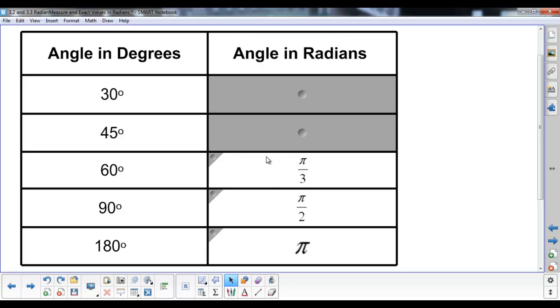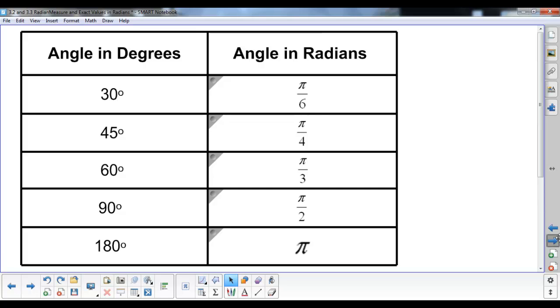So 60 is pi by 3. From 180 to 45, we divided by 4, so we end up with pi by 4. And from 180 to 30, we divided by 6, so the equivalent angle in radians would be pi by 6. Take note of these; like I said, they are just going to come naturally.